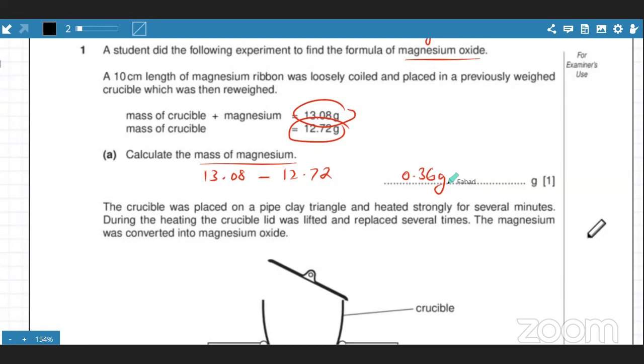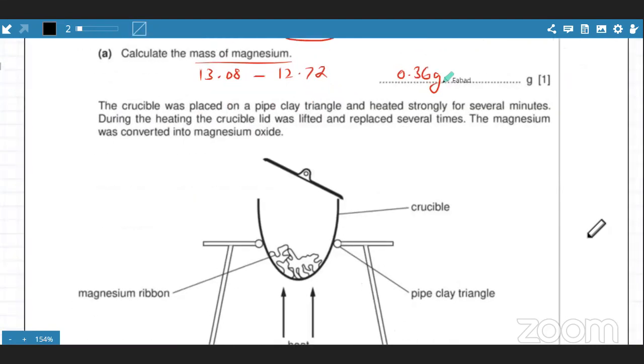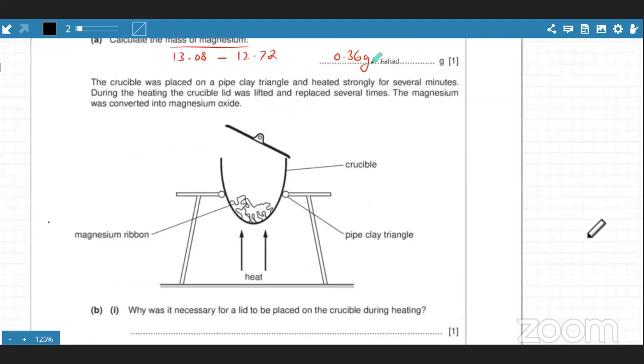The next part is the crucible was placed on a pipe clay triangle and heated strongly for several minutes. During the heating, the crucible lid was lifted and replaced several times. The magnesium was converted into magnesium oxide. So a reaction is happening where magnesium ribbon is being heated and it's reacting with oxygen gas.